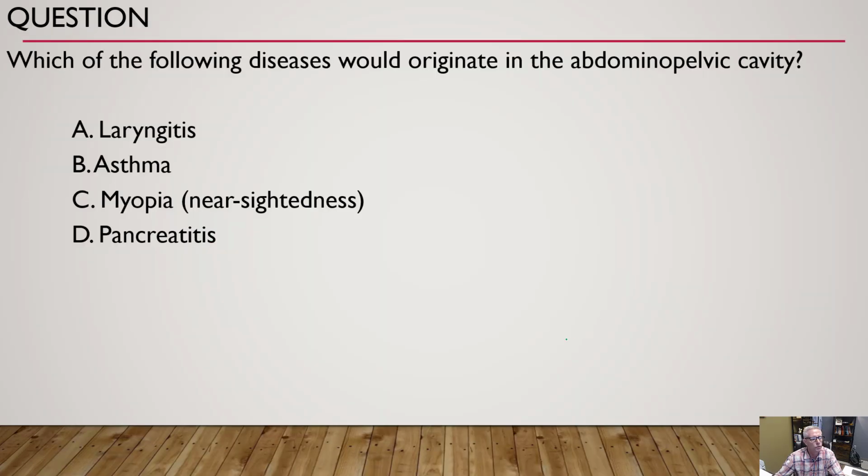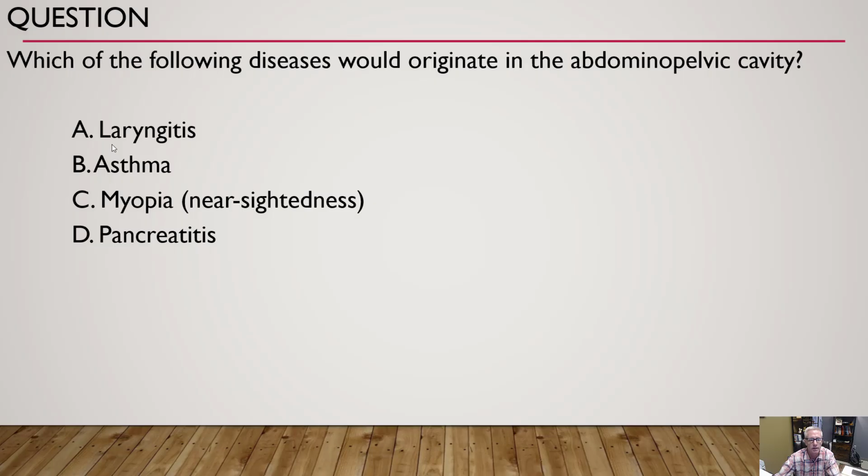All right, so now, which of the following diseases would originate in the abdominopelvic cavity? Laryngitis is a throat condition, like a sore throat.